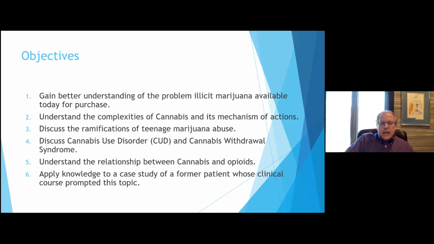We're going to discuss cannabis use disorder and cannabis withdrawal syndrome and try to understand a little bit about the relationship between cannabis and opiates, and then apply this to the case study.